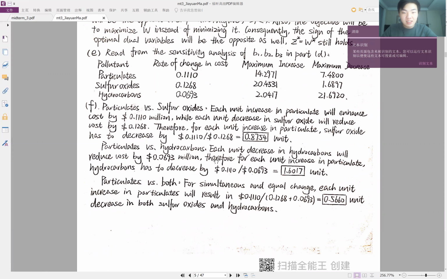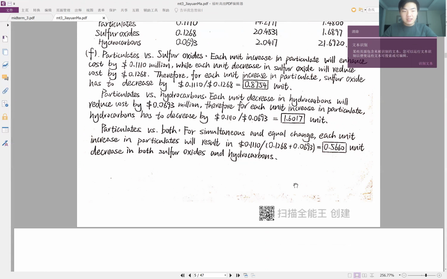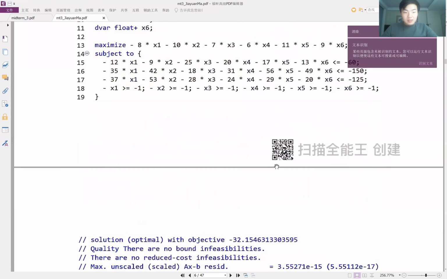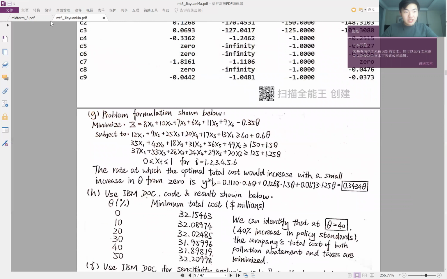Notice that this is in the opposite direction because we want to keep the total cost the same. And for particulates versus both other pollutants, we only need to add them together and then use this value to divide it.